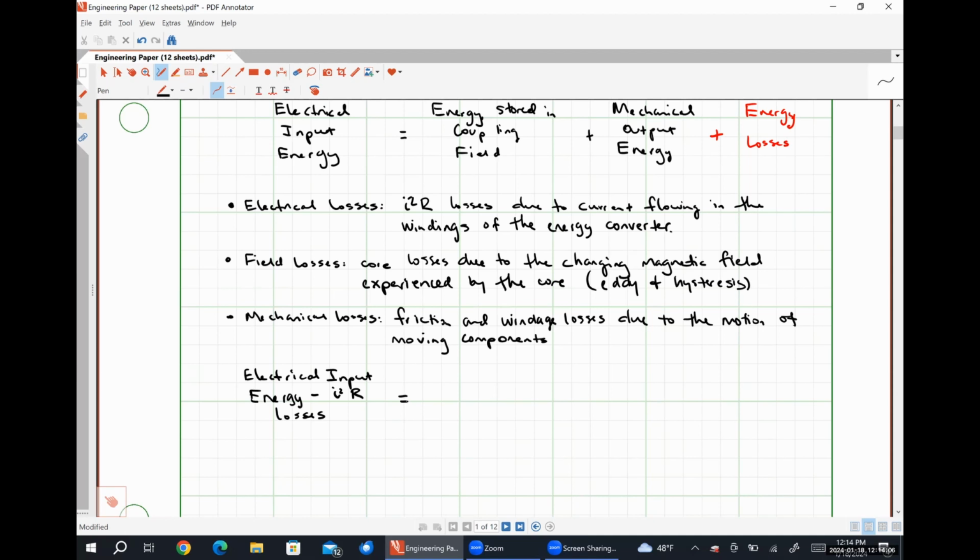This will be equal to the energy stored in our coupling field plus our core losses. And then to our net field energy, we will have our mechanical energy, which is the mechanical output energy.